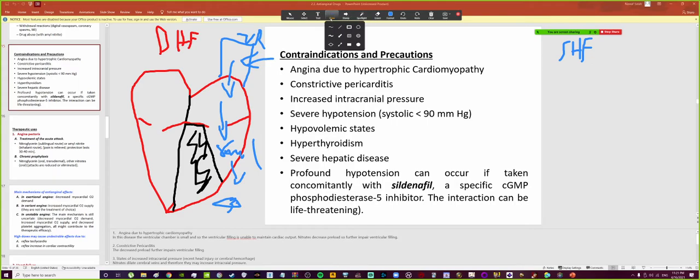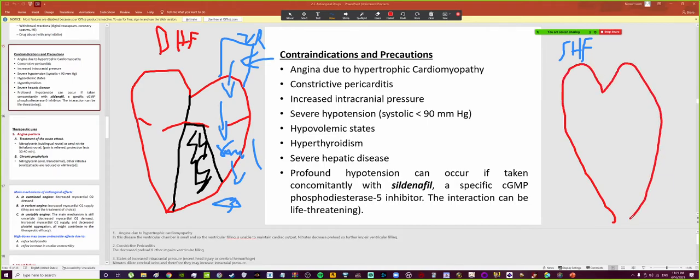But we can use this for another type of heart failure instead. And this type of heart failure is systolic heart failure. So we finished diastolic heart failure, by the way. Now, systolic heart failure occurs due to, let's say, dilated cardiomyopathy.